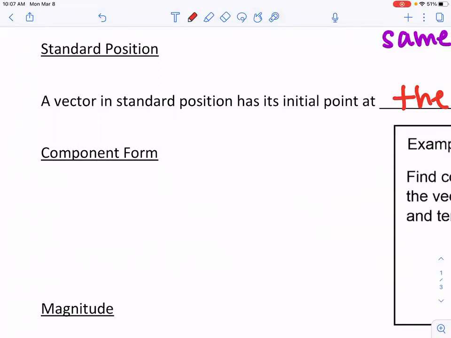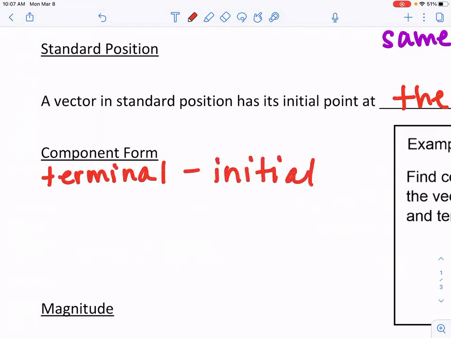The first is called component form. If we are not in component form, then we're going to need to get it there by taking our terminal point minus the initial point.